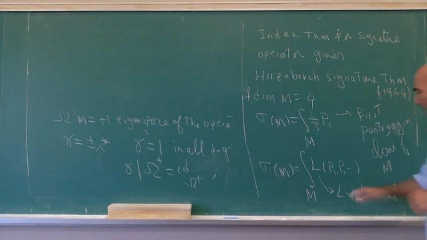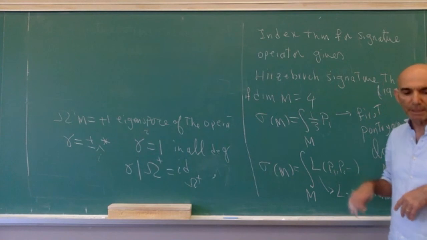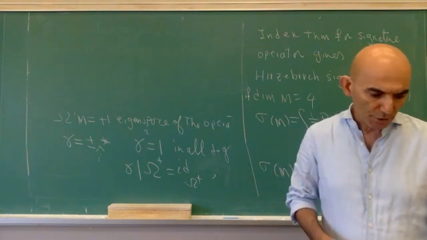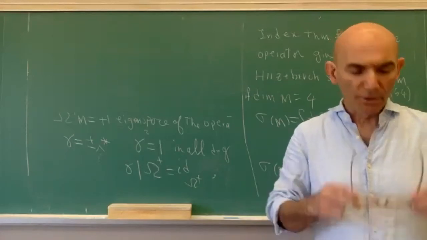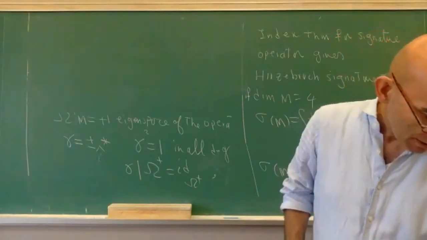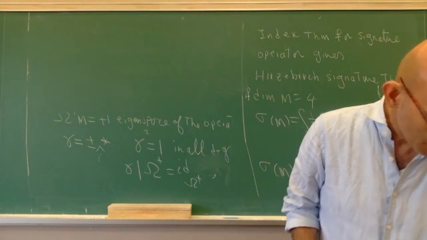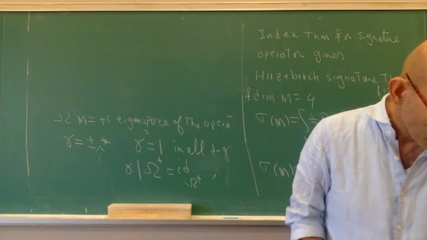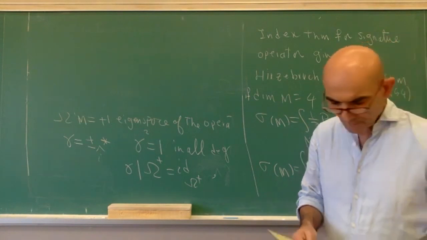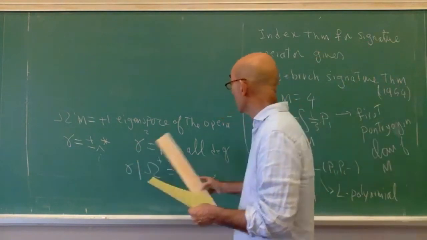It is not exactly a polynomial, but in each case it becomes a polynomial. It's some expression in terms of trigonometric functions. Oh, I do have it here, actually. This L is the following polynomial.